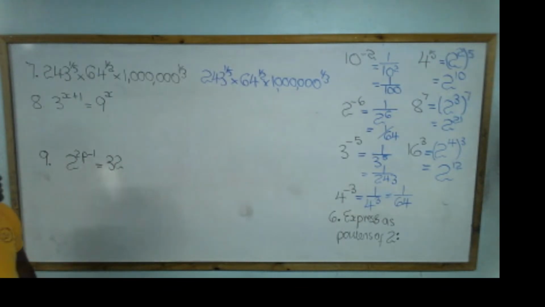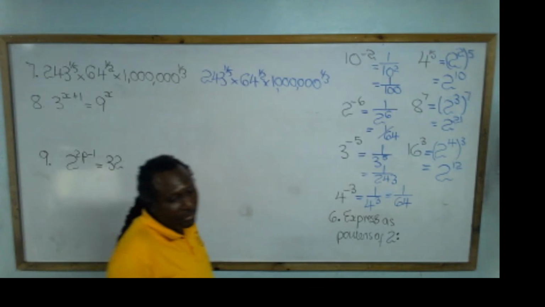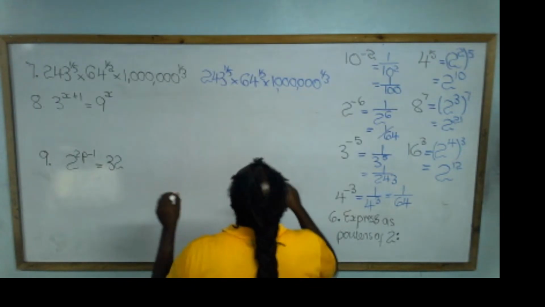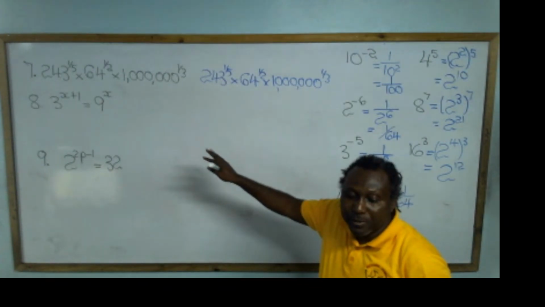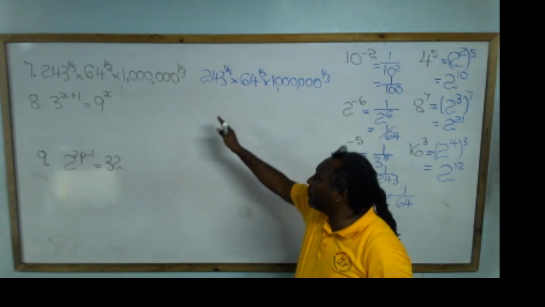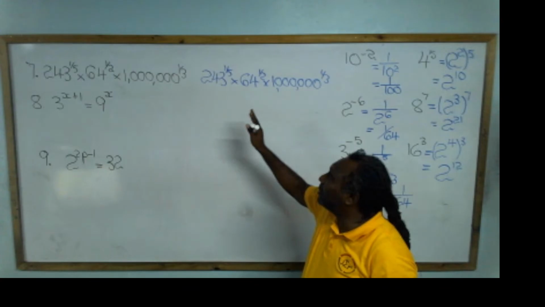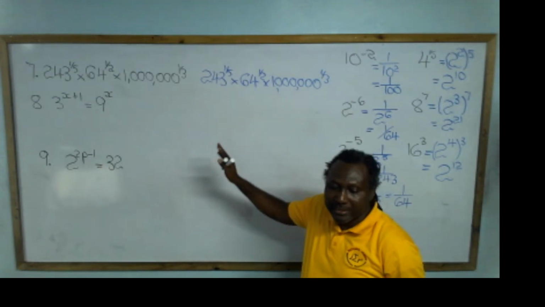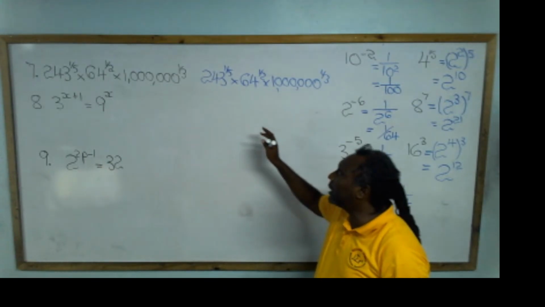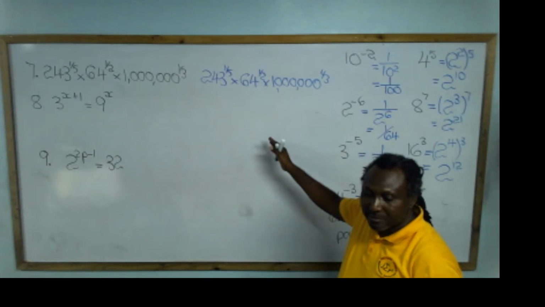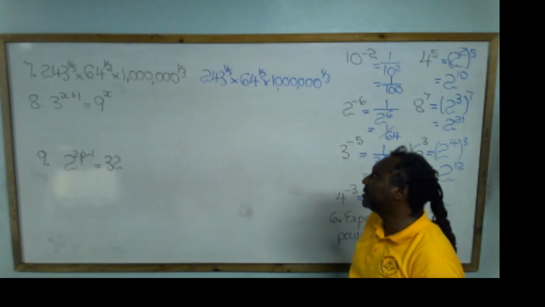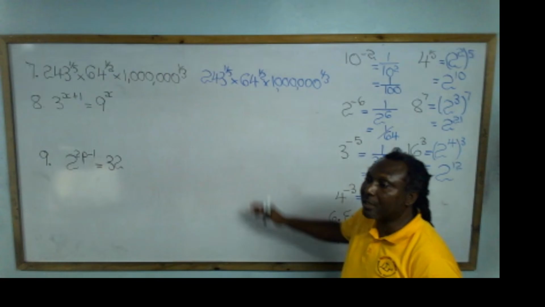Alright, so let's continue. What do we say now? We have a rule that says that whenever we have a problem involving numbers with different bases, we bring them to the same base before attempting to solve the problem. It surely can be applied here, but it is not convenient to do so.